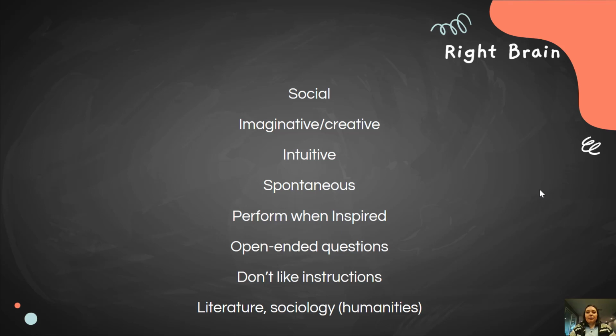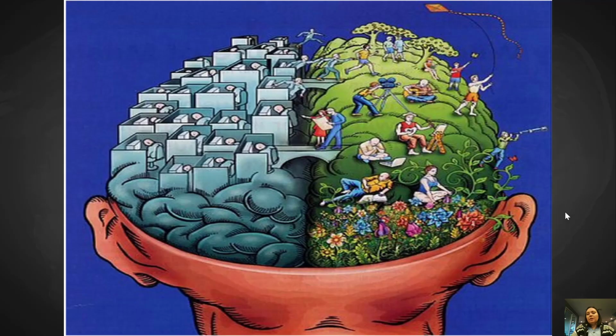You come up with an idea when you're inspired. You really enjoy answering and maybe even asking open-ended questions. And you don't like strict instructions. You kind of just want to do things your own way. So people who study the humanities like literature and sociology tend to be more right-brained.